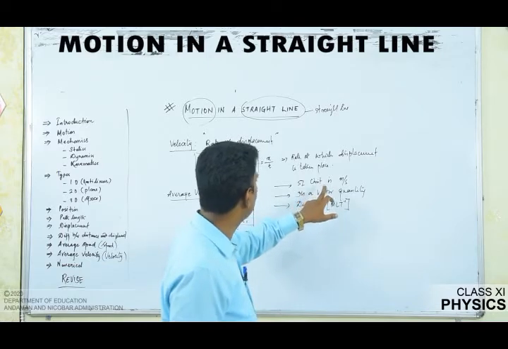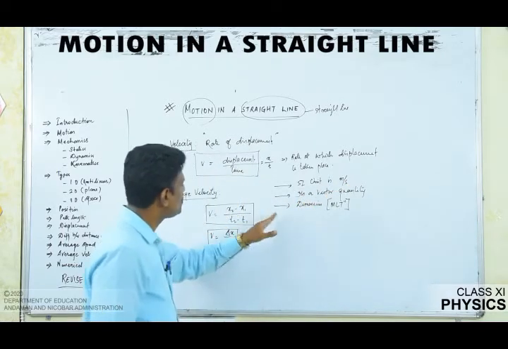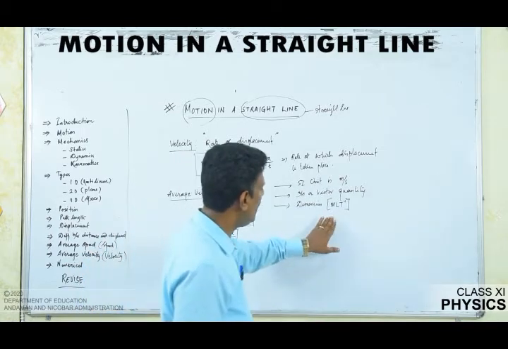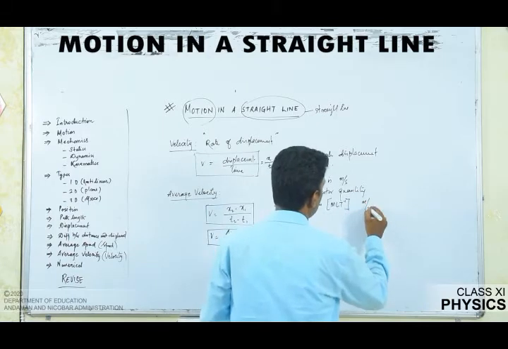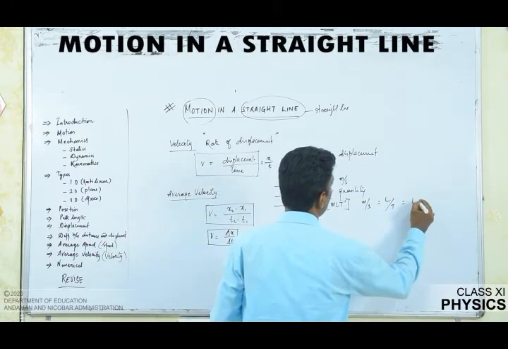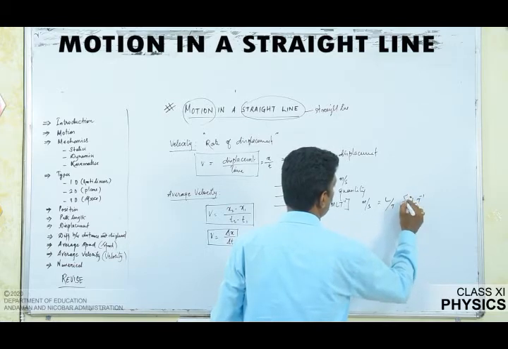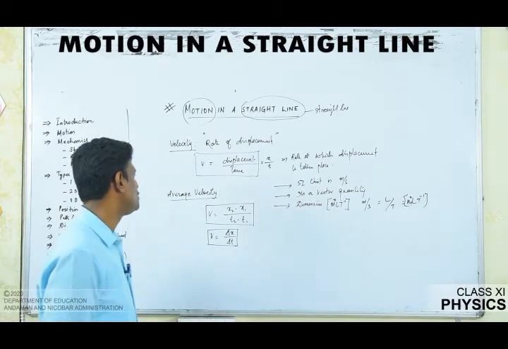So, the SI unit of velocity is meter per second and its dimension is M0 L T minus 1, that is meter per second, that is L by T, equal to LT minus 1. So, that is the dimension.